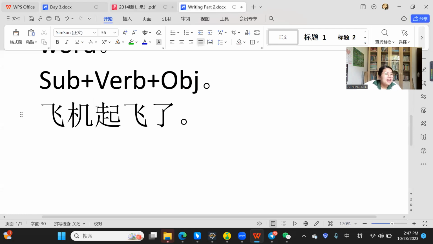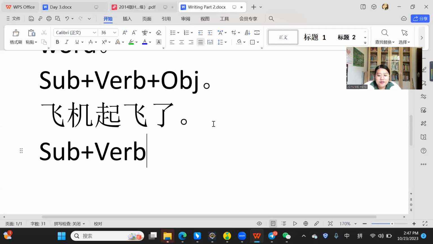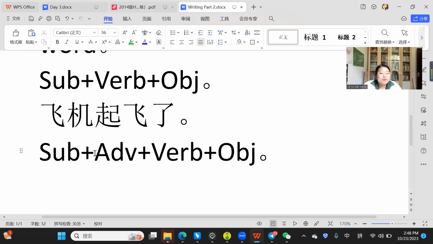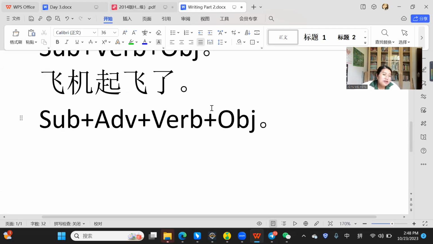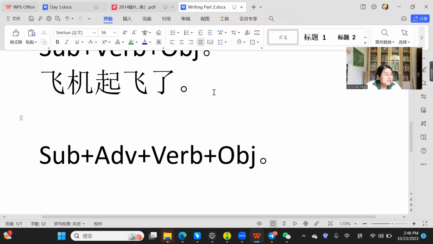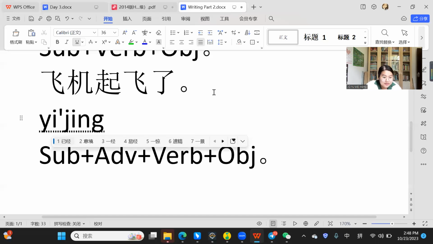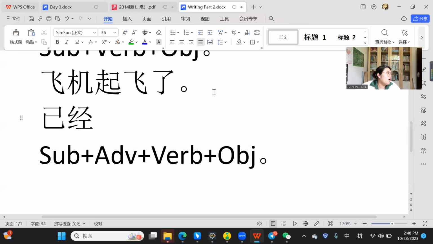And if you write this, maybe you can get 5 marks or 10 marks because this is too simple, right? At least you write something, right? And if you think the sentence is too simple, what can you add? You can change this pattern, subject plus verb plus object, into subject plus adverb plus verb plus object. Most of the adverbs you will use in level 2, level 4, are about already having done something, right?